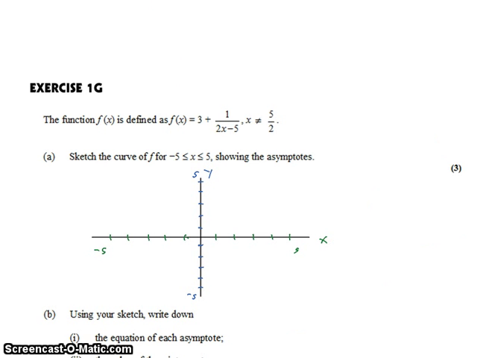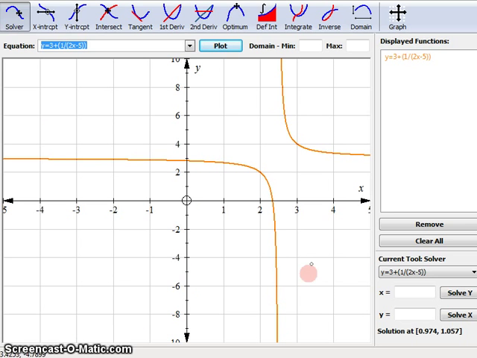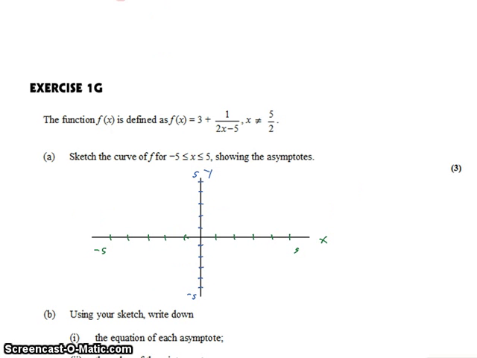Alright, so looking at our graph again, we need our vertical asymptote at about 2.5, and our horizontal asymptote at about 3. So there should be a vertical asymptote at about 2.5, and a horizontal asymptote at about 3.